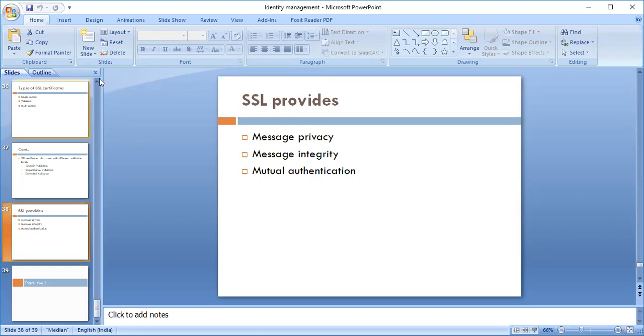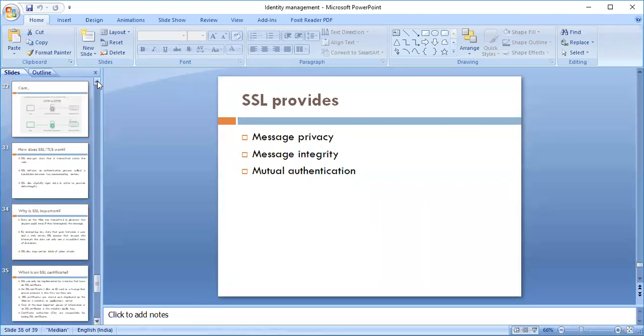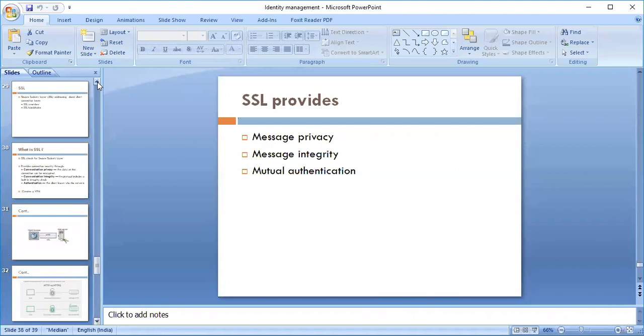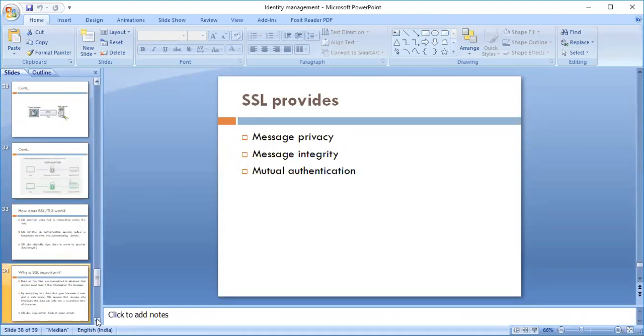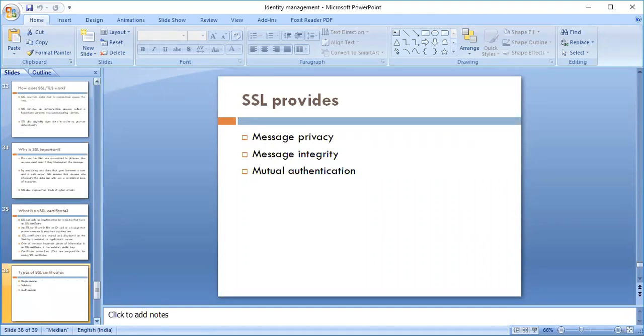So in today's session, we have discussed what SSL actually is, how SSL works, what the handshake mechanism is, the process of handshaking and establishing the connection, and why we need to have SSL, why it is important.